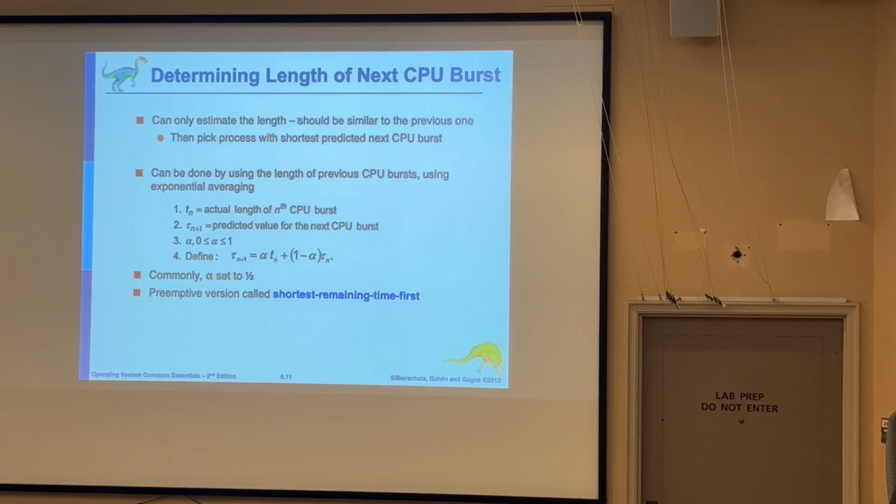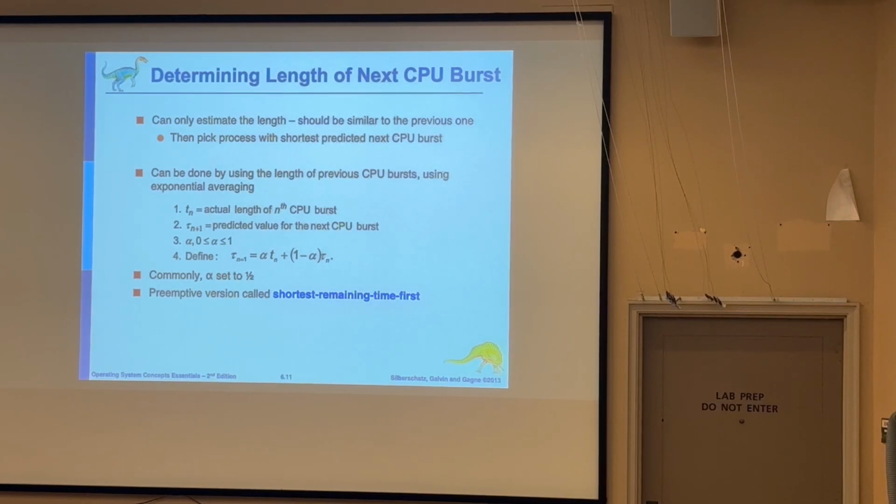The idea is that the next CPU burst might be similar to the previous one, right? And people build solutions based on this approach. And then you pick the process with the shortest predicted next CPU burst. And this is the formula people use to predict the length of the next CPU burst. They use exponential averaging.